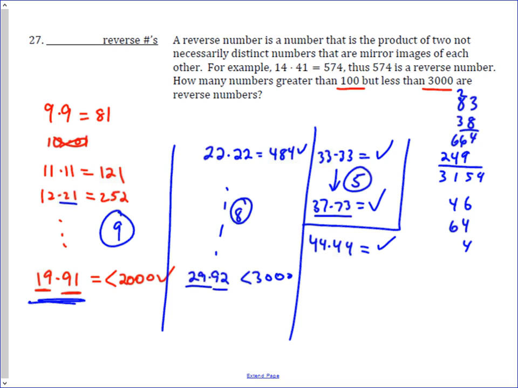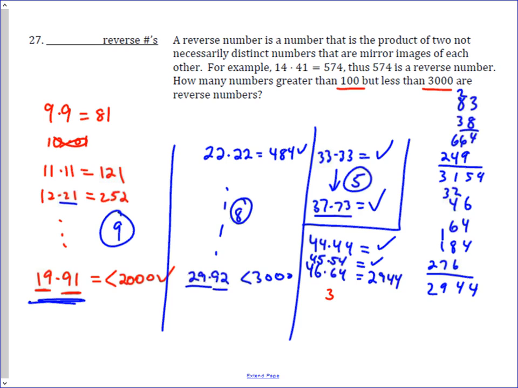Yeah, we can see by the nature of these, since 46 times 64 equals 2944, clearly 47 times 74 is going to be too big. So 44 times 44 works, and obviously 45 times 54 is going to work. And so in the 40s, we get 3 of them.